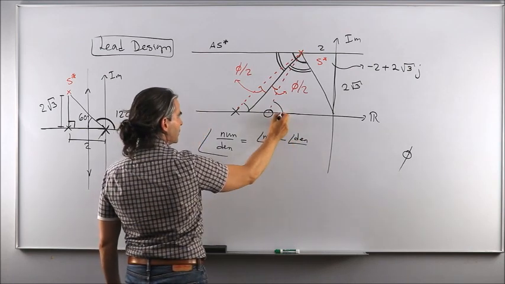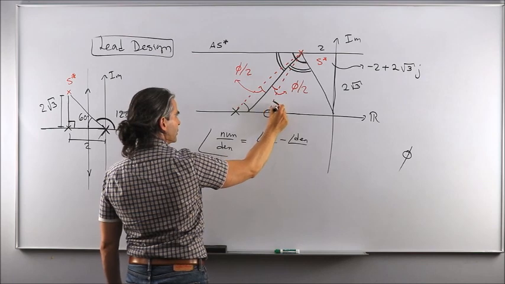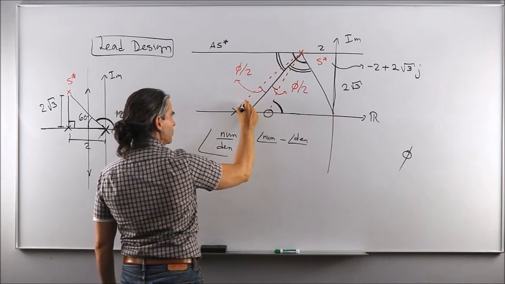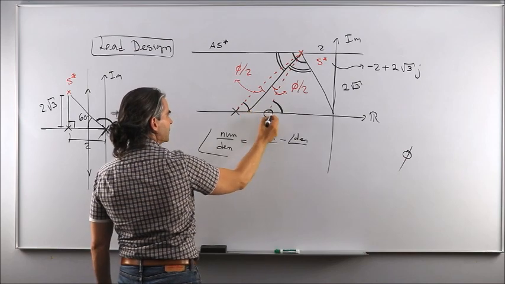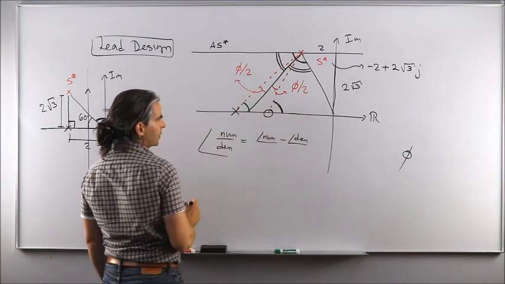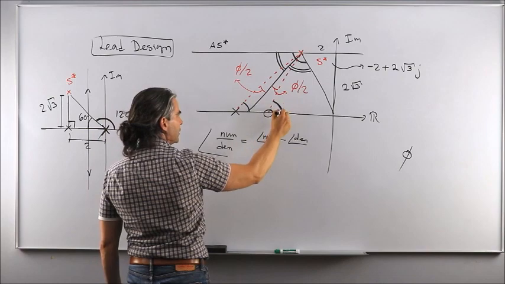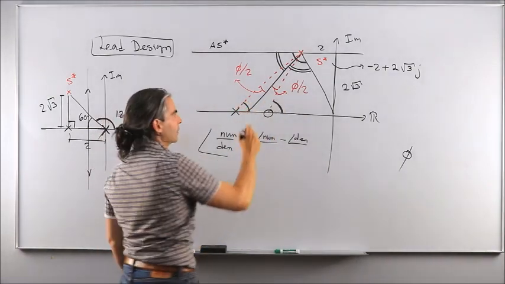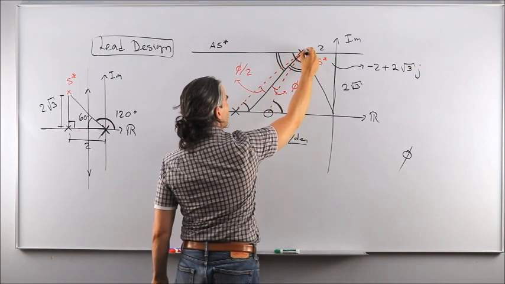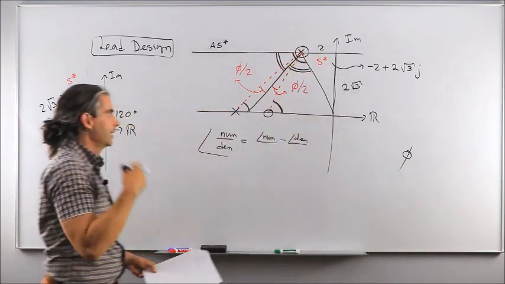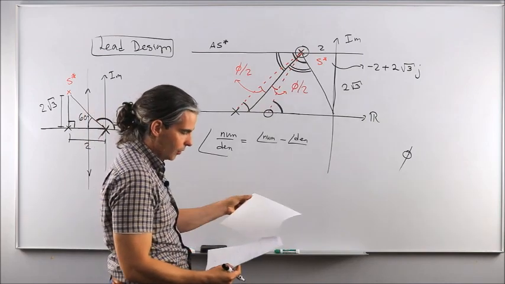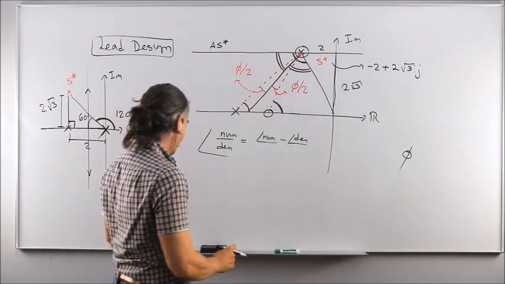So this zero ultimately contributes an angle greater than 30 degrees, and this pole removes the difference between this contribution and 30 degrees, such that altogether this angle minus that one gives us 30 degrees with respect to the desired pole location here. Okay? That is the idea behind this graphical strategy to figure out the pole and zero location.